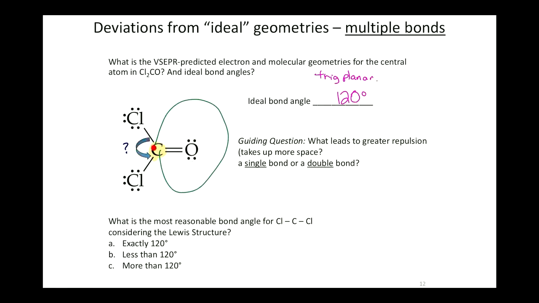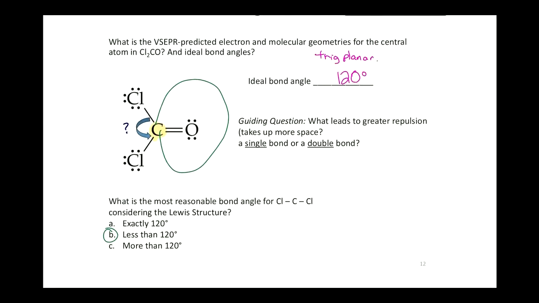Do you think these 2 carbon-chlorine bonds will be brought closer together because this double bond is taking up much, much more room? What would be the reasonable bond angle for this bond angle right here? Exactly 120, more than 120, or less than 120? Less, yes. And again, all you have to think about is that those electrons in the double bond just take up much more room.